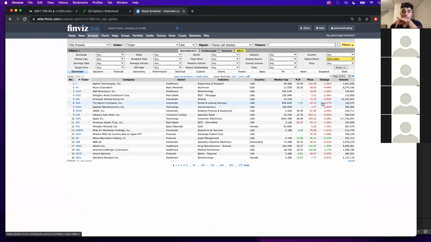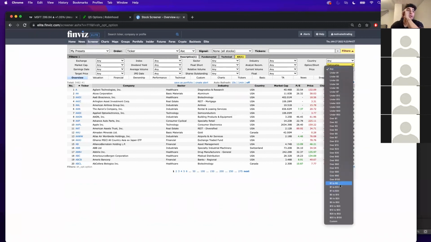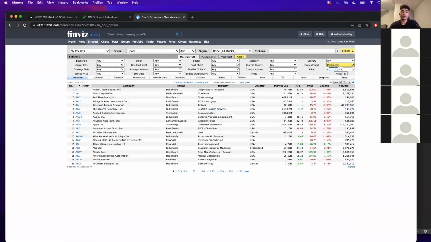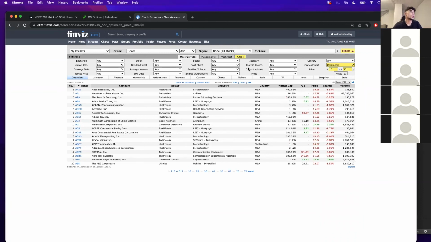Y'all can see FinViz, right? Like this white screen right here. Yes. Okay, bet. Click optionable, and then you can just click custom. Let's say you want to do $10 to $30 stock. And then you can do relative volume. Or not relative volume, where is it?